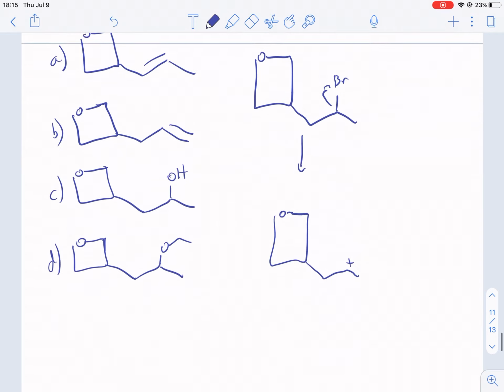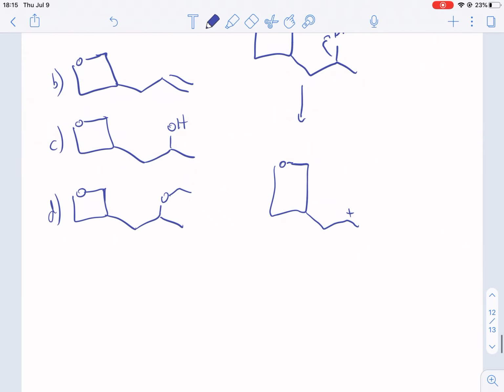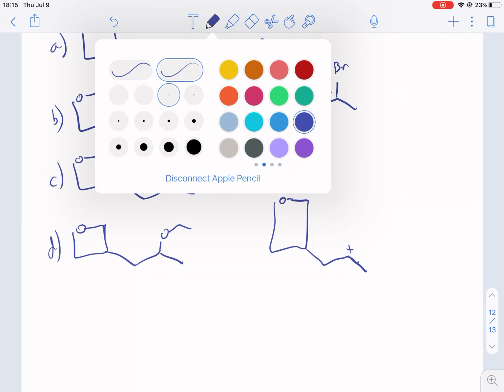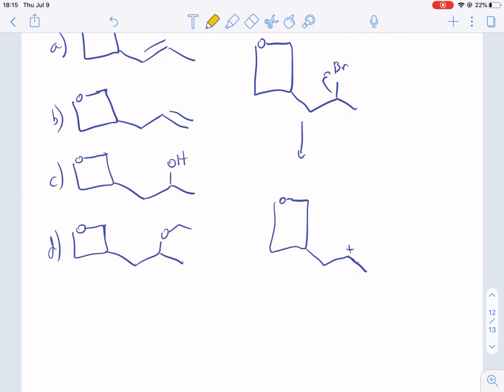And this is E1, so again, we need our beta hydrogens and beta carbon. The carbon bearing the leaving group was the alpha carbon. And then we have our betas. Remember, on the beta carbons, there are beta hydrogens, and those are the ones we're going to pull off.